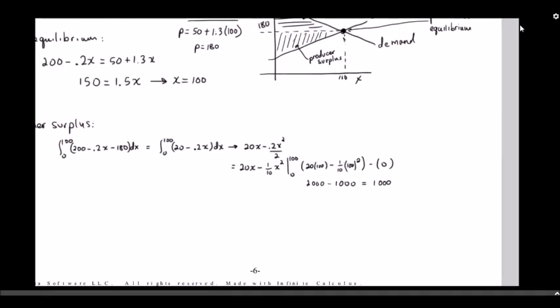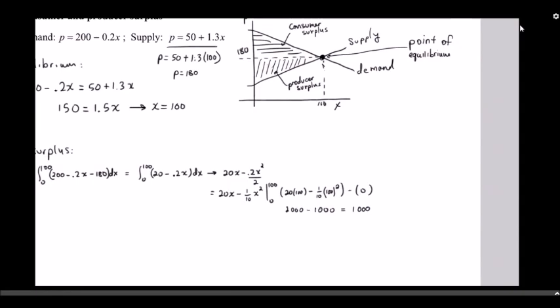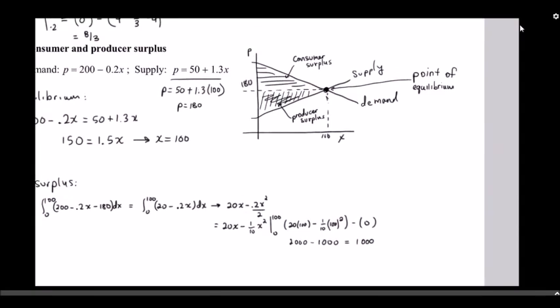So the last part of this problem is calculating this area here. This is the producer surplus. So this supply function represents the minimum price a producer is willing to accept for selling its goods. And you can see that the market price is higher than the minimum price a producer needs for selling its good.